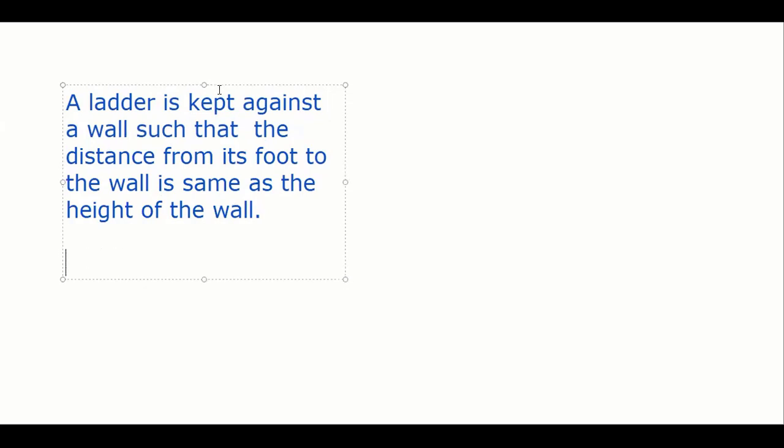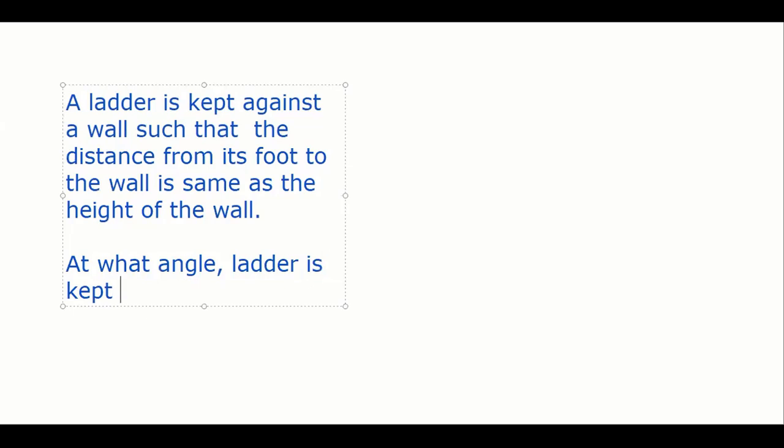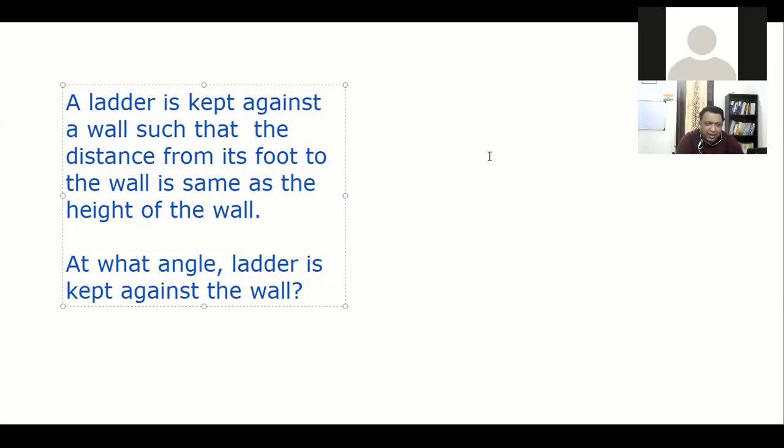At what angle is the ladder kept against the wall? A very easy, oral question, I know. This is for everybody: what would be the angle at which the ladder is kept?